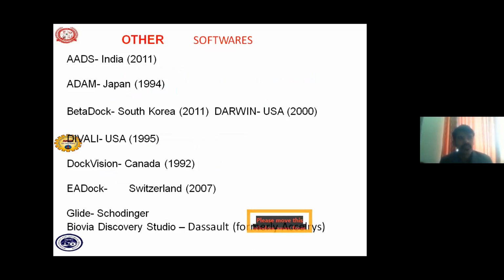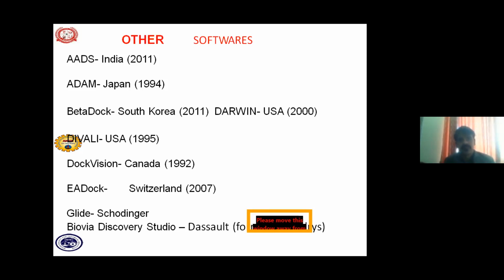Then there is Professor Raghava, a Bhatnagar awardee, which is one of the highest awards given in the life sciences, pharmacy and other fields.